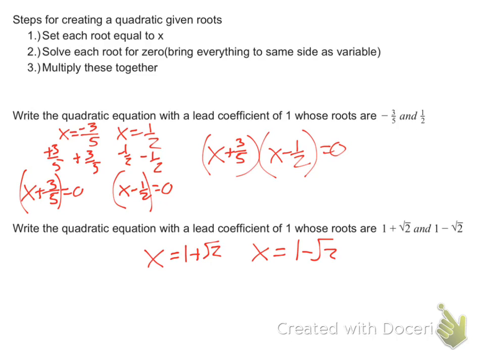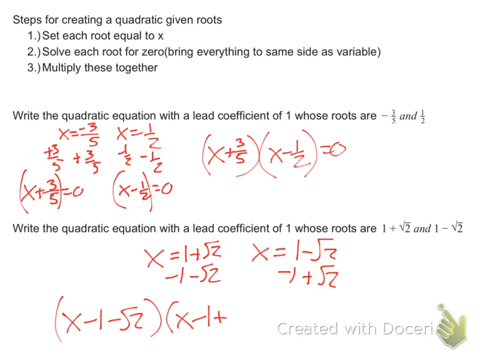Subtract 1 and subtract the square root of 2. The other one is still subtract 1, but this one is add square root of 2. Does everybody see that? And I have to do that to both sides. So what do I get? I get x minus 1 minus the square root of 2. Then I get x minus 1 plus the square root of 2.